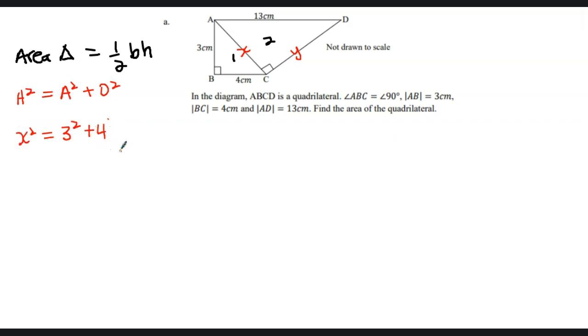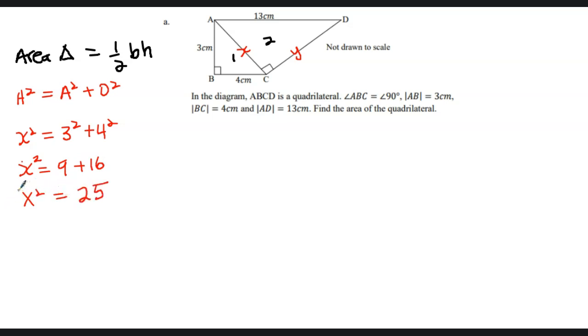This is a common ratio that you should know, but for the exam's sake, you need all your points, so make sure you show work. 3 squared gives us 9, plus 16, we add it together and we get 25.